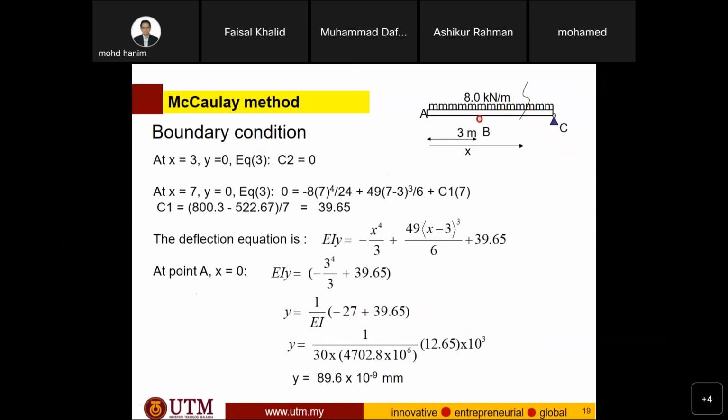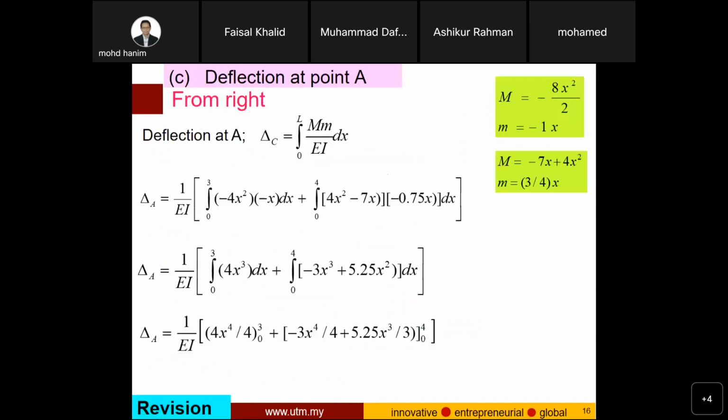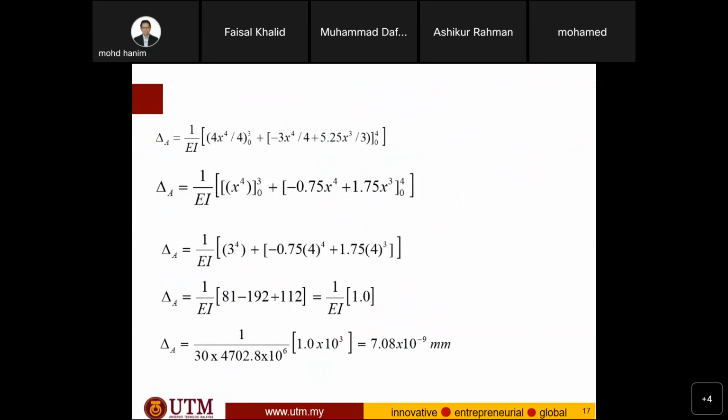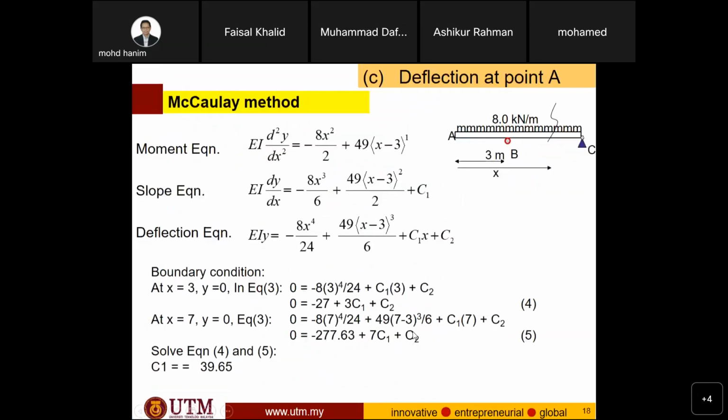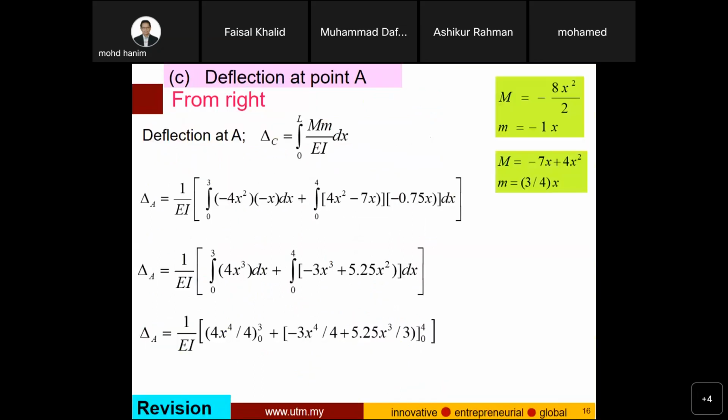Okay, go on. Boundary condition, you have C2 equal to 0 and so on. Y equal to 89.6 millimeter. Is it similar? Here, where is 7.08, and what about this one? What is this?